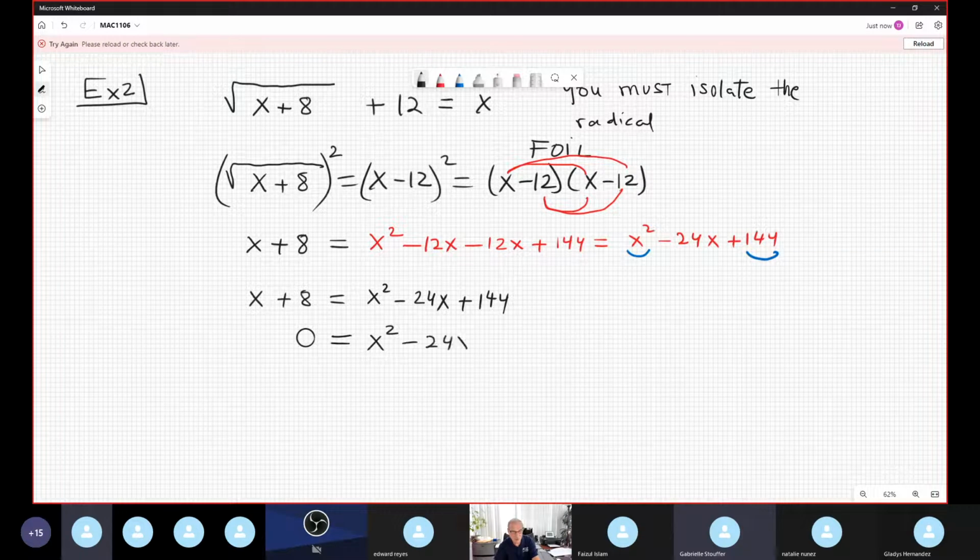Minus 24x plus 144, minus ax. Would it be minus a?